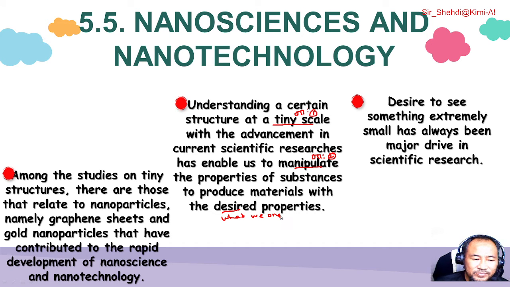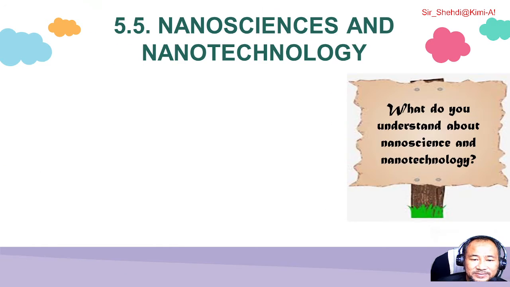And then among the studies on tiny structures, there are those that relate to nanoparticles, namely graphene sheets and gold nanoparticles that have contributed to the rapid development of nanoscience and nanotechnology. So rapid here is very fast. Okay, so we continue with your next slide.